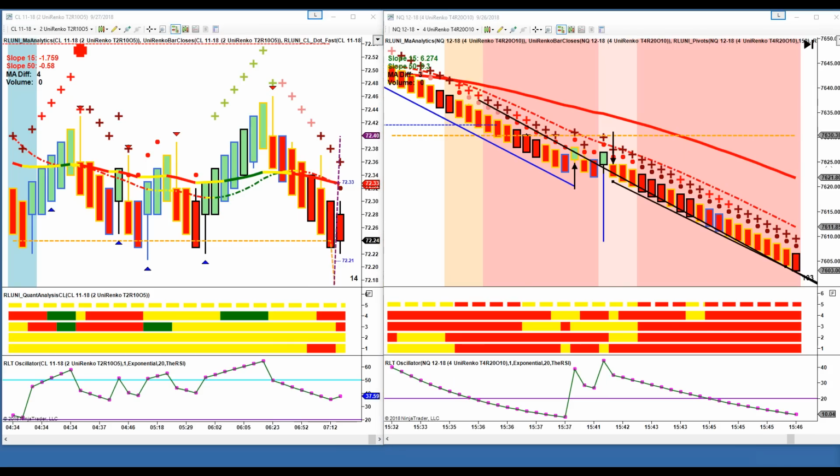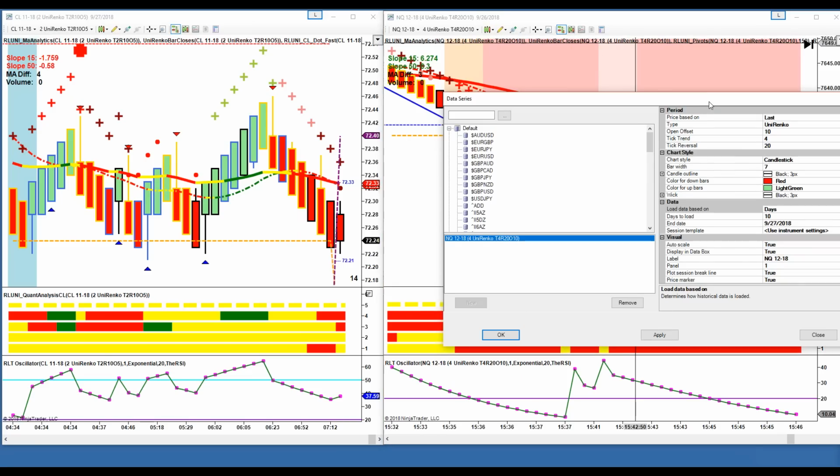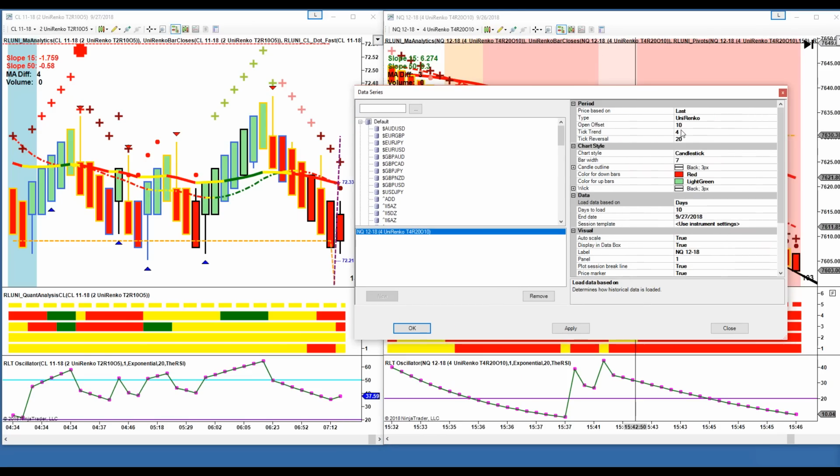In the room, I trade Nasdaq and crude. We usually get great opportunities on both. Stops, Ronald, depend on the size of the candle. On this candle, on the NQ, a reversal candle occurs on the 25th tick. Our stop is at 25 ticks, and it trails the whole trade by 25.